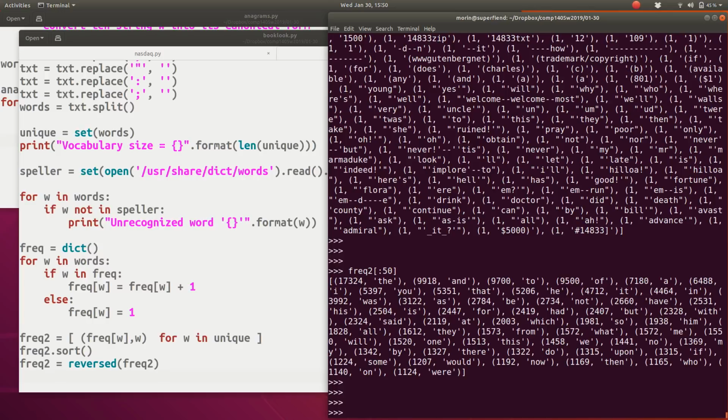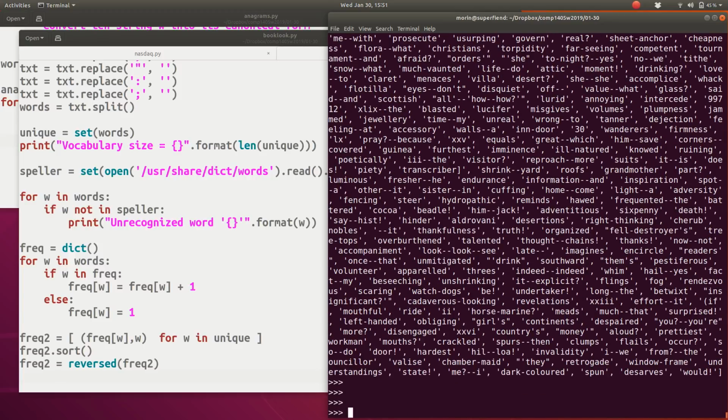Well, what if we instead make a list of words that actually don't occur frequently at all? Maybe that'll be more interesting. So we'll take a W for W in unique, if freak at W is equal to 1.